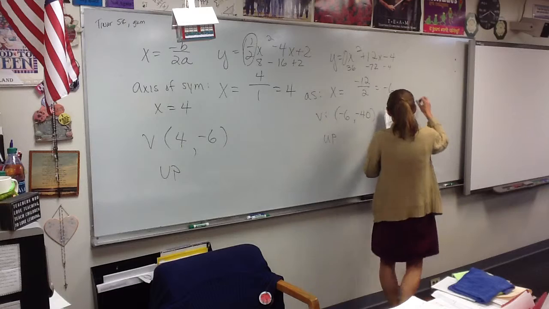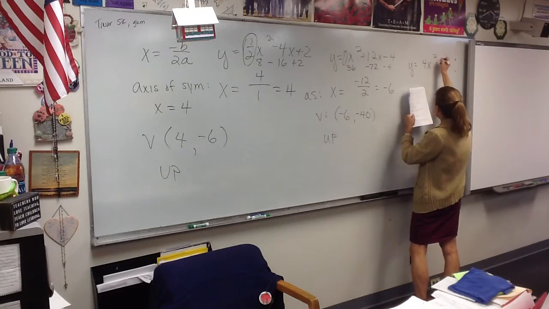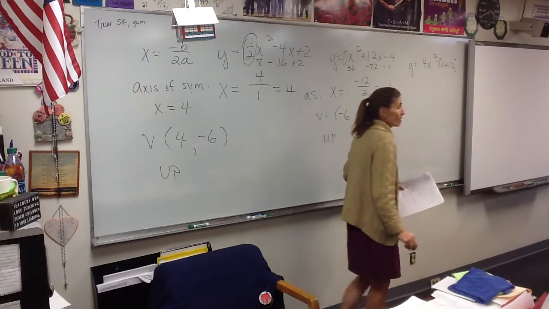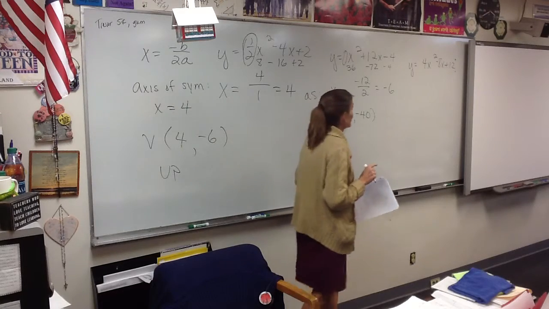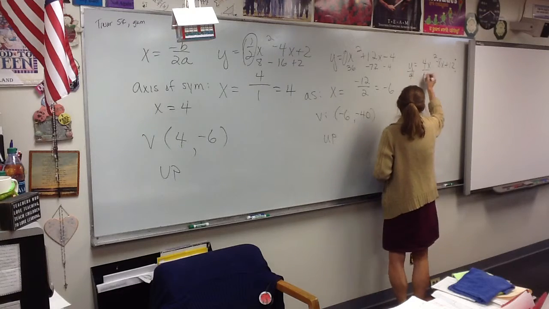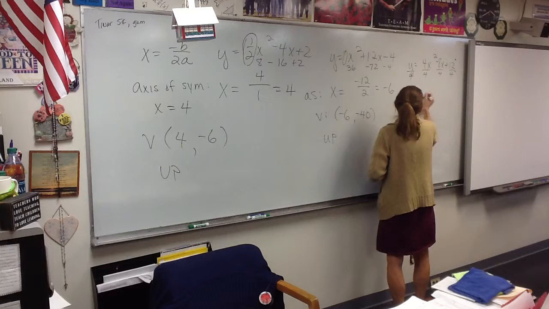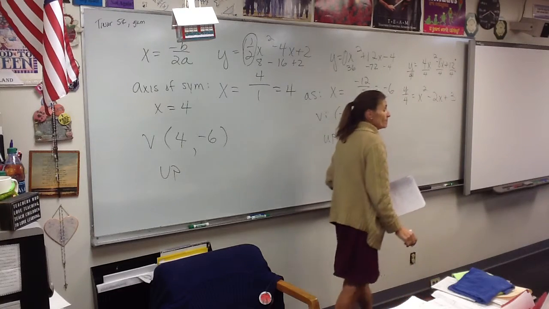All right, number 3. We're going to change this to vertex form by completing the square. All right, step 1. Multiply by 4. No. Divide by 4. Same thing. So we're going to divide everything by 4. All right, done.